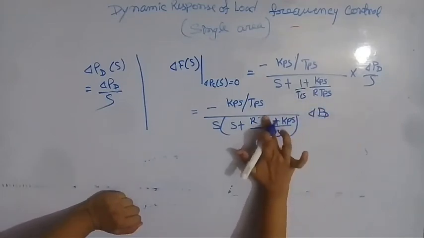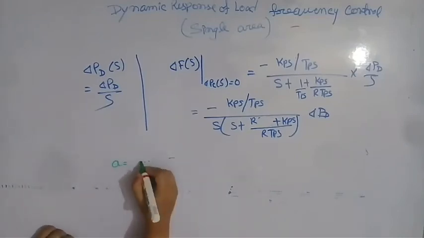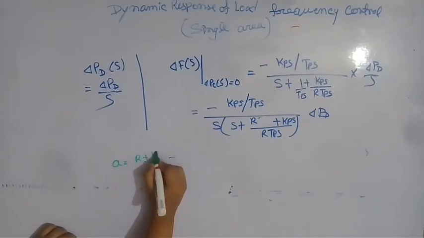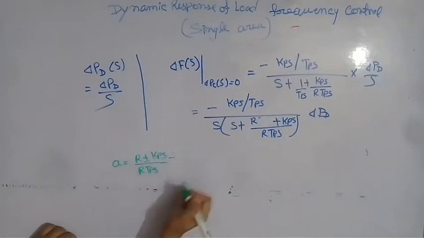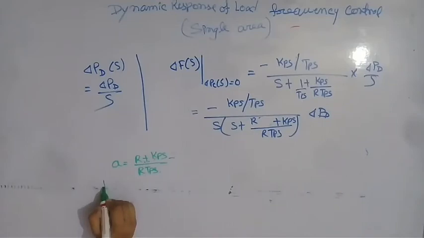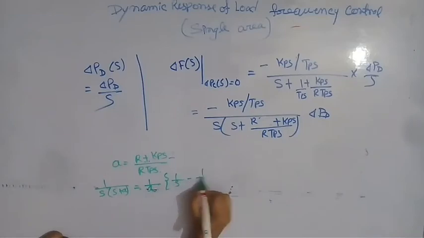Now we take a equal to (R plus KPS) by R TPS, and this is a constant term, so the function is 1 by s into (s plus a), which equals 1 by a times (1 by s minus 1 by s plus a).